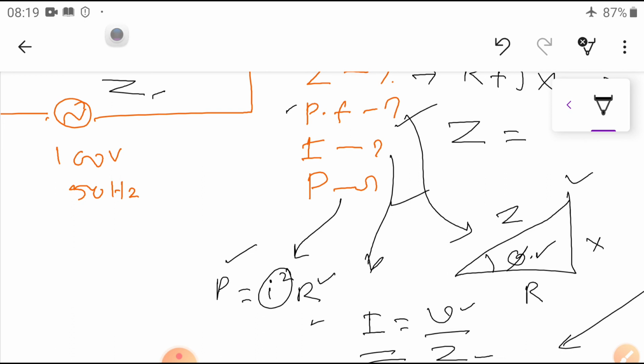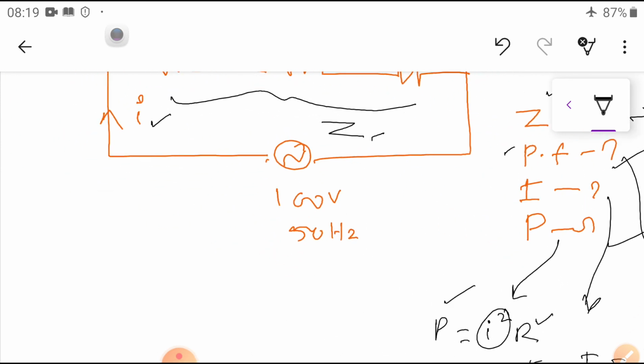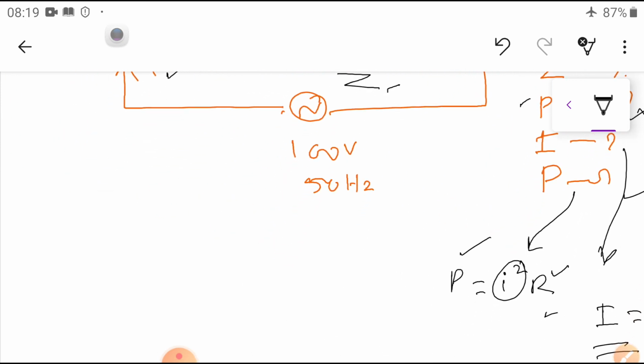So these are simple steps, dear students. Okay, let us do it. Here, R is given, R is equal to 12 ohms. And here L is given, L is equal to 0.15 henries. So I am going to calculate omega L, that is XL.